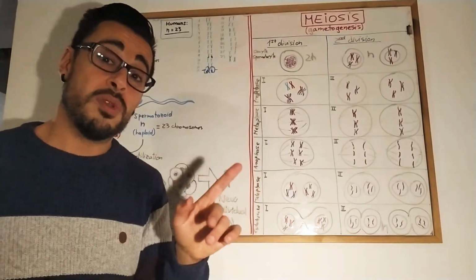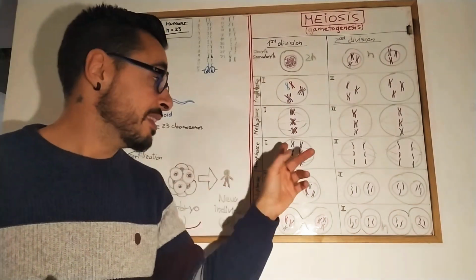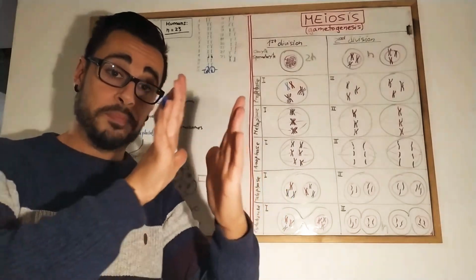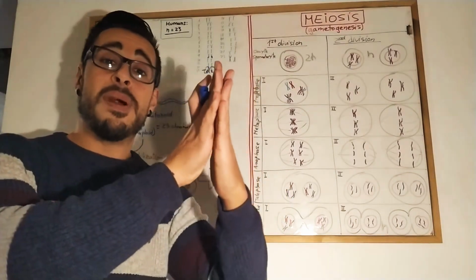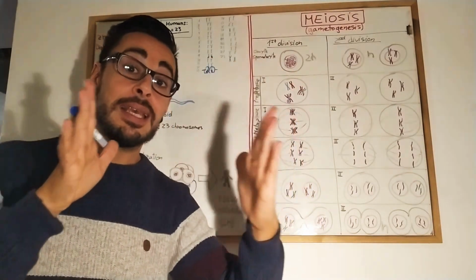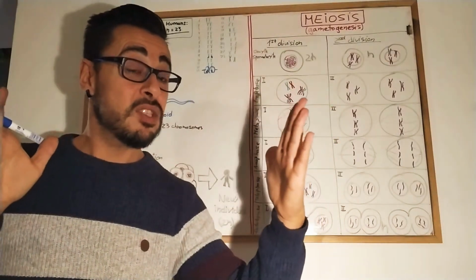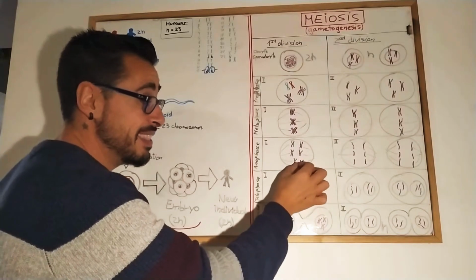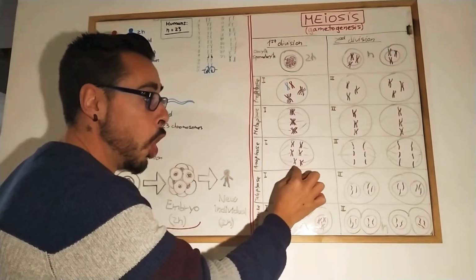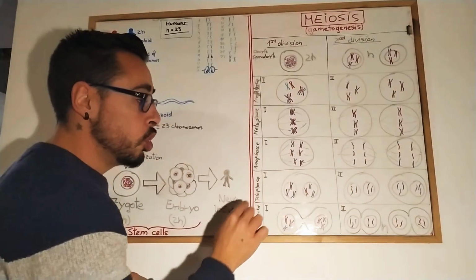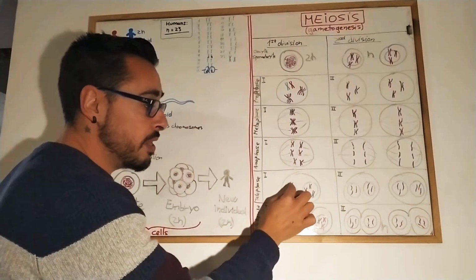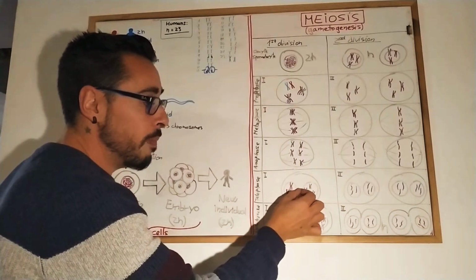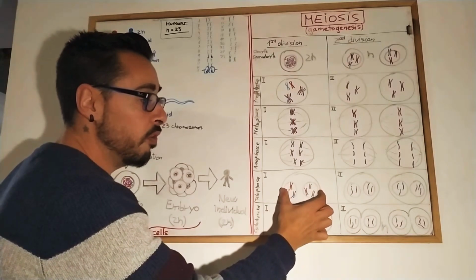Another difference with mitosis. In mitosis, the mitotic spindle separates the chromatids of chromosomes, but here the spindle separates the homologous chromosomes. So each chromosome is going to migrate to each pole of the cell.